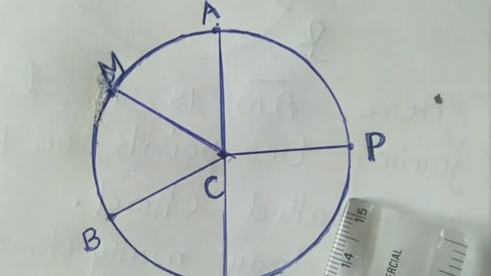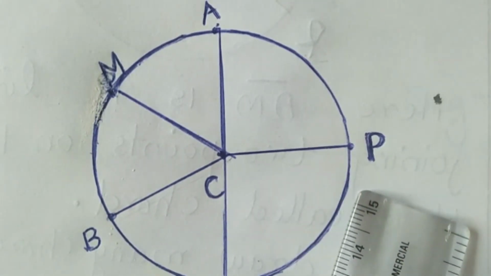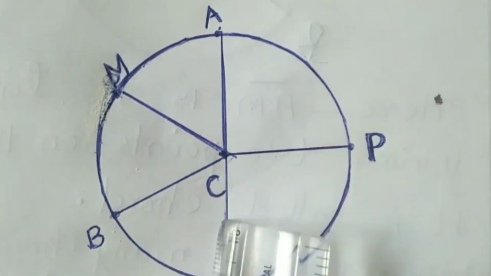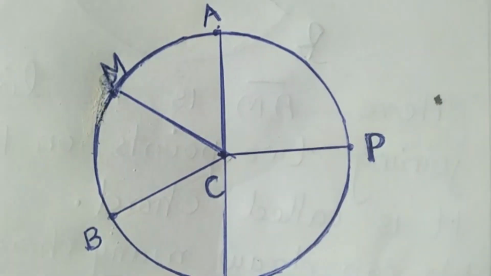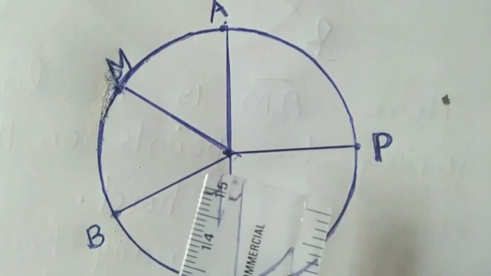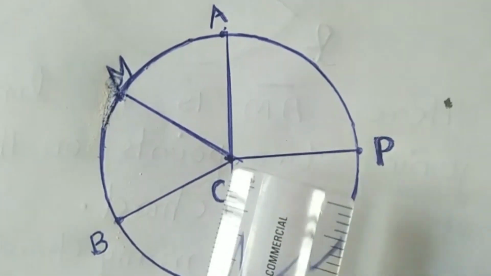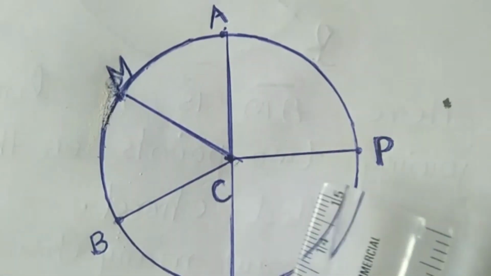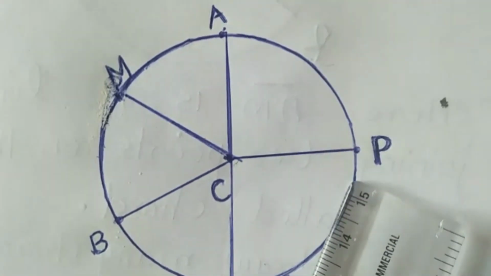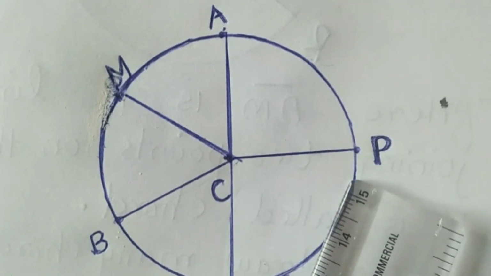Here I have drawn 5 radii: CP, CA, CM, CB and here one more. So understand, children, a radius is the line segment joining the center of the circle and a point on the circle. Any point you can choose. So we can draw many radii for a circle.